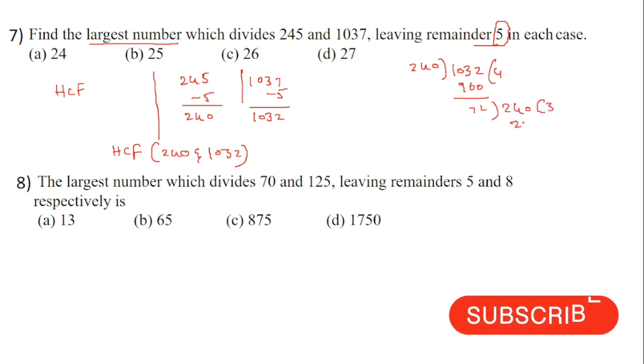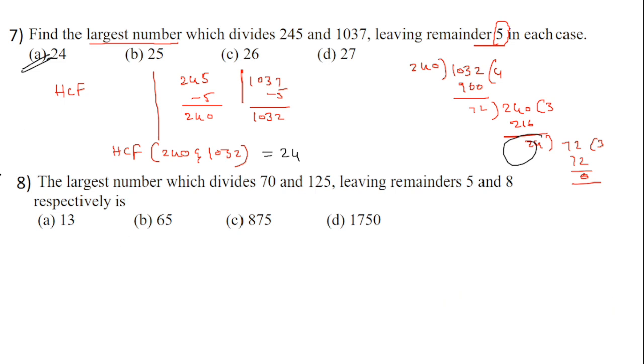It is 3 times 216, and the remainder is 24. Again 72 becomes the dividend: 3 times 24 is 72 and the remainder is 0. At whichever divisor we get remainder 0, that will be the HCF. So here our HCF is 24. So the required number is 24. Option A is the correct answer.